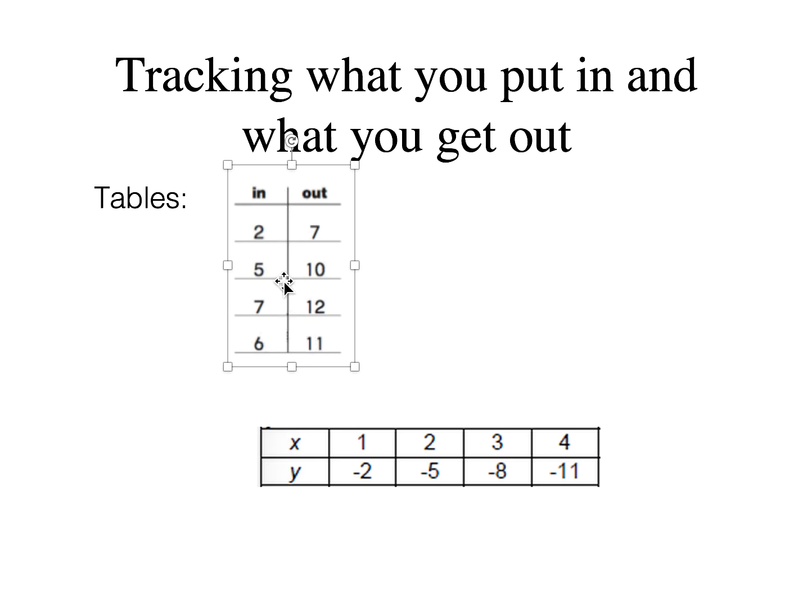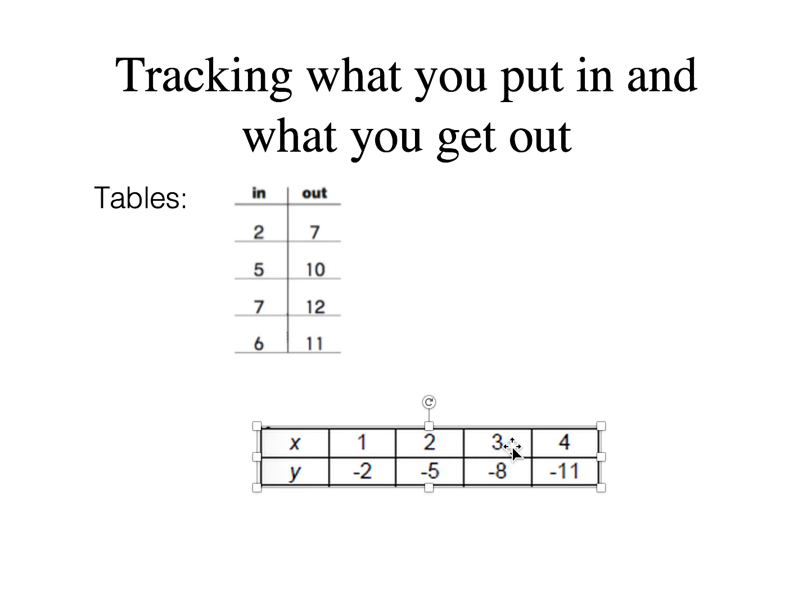Your tables can be vertical, like this, or horizontal, like what's shown down here. So in this case, x is the variable we use to track our input, and y is what we call our output. So in this one, I put in a -1, I get out a +2. I put in a +2, I get out a -5.